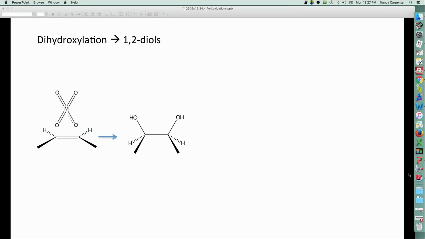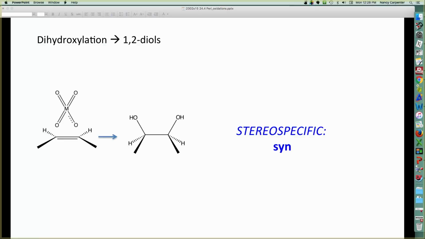That intermediate is then hydrolyzed in some magic mechanism chemistry that we don't cover, at least not yet, to give you the syn diol. The important message here is this happens all at once, and we get exclusively the syn arrangement, the two hydroxyl groups on the same side of what was the double bond.